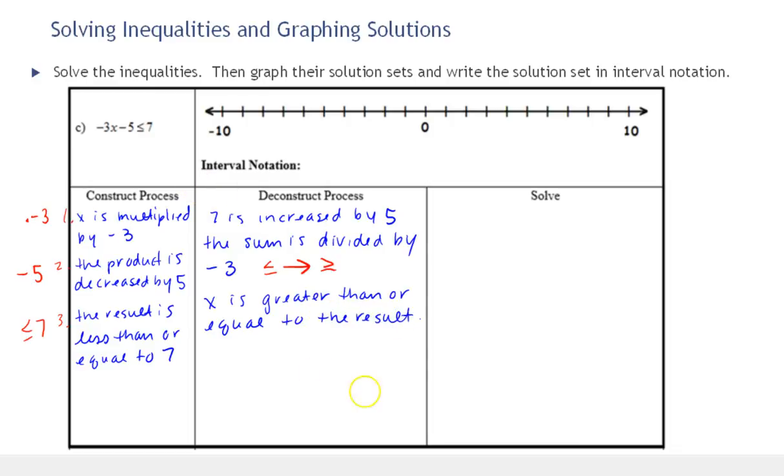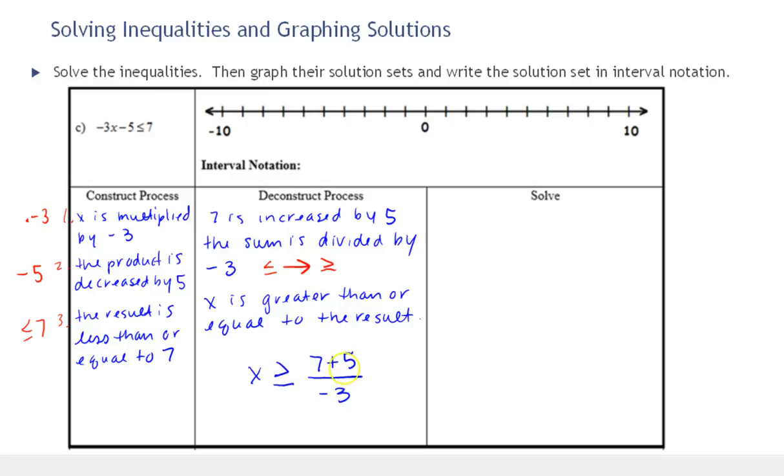Now let's write this out down here. So I'm going to write it on the right so I could save room for the x and the symbol. 7 is increased by 5. The sum is divided by -3, so I take the whole sum, divide by -3, and x is greater than or equal to the result.